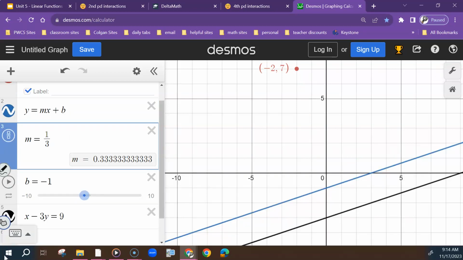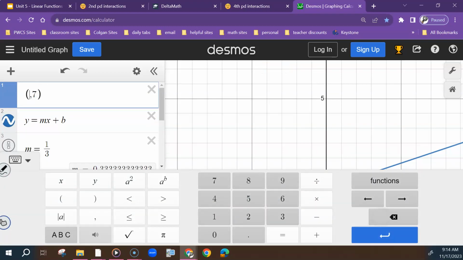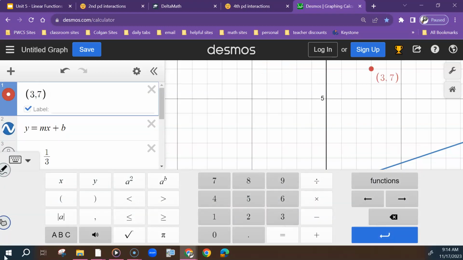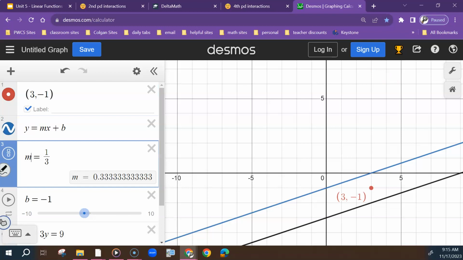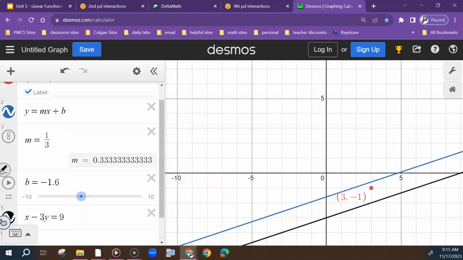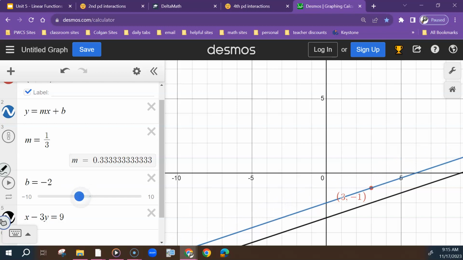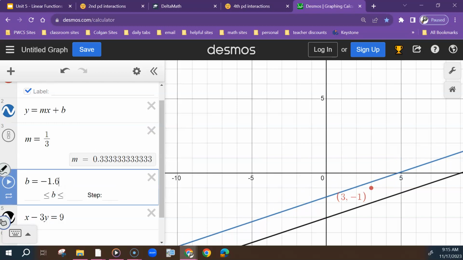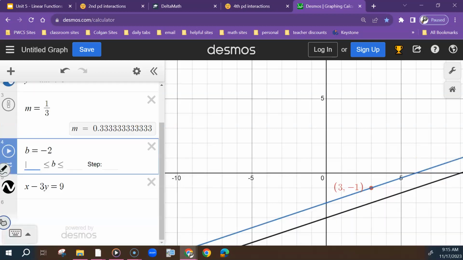I can change my slope to 1/3, change my point to 3, -1. And then again, just move the b until it gets to that point. So that's how your parallel works.